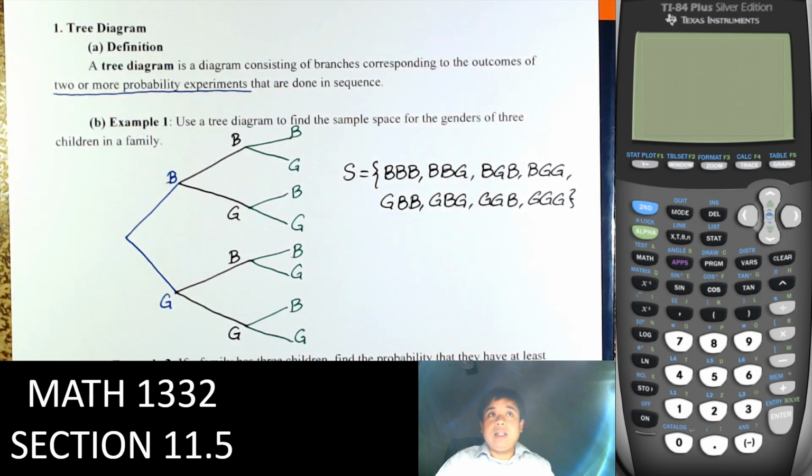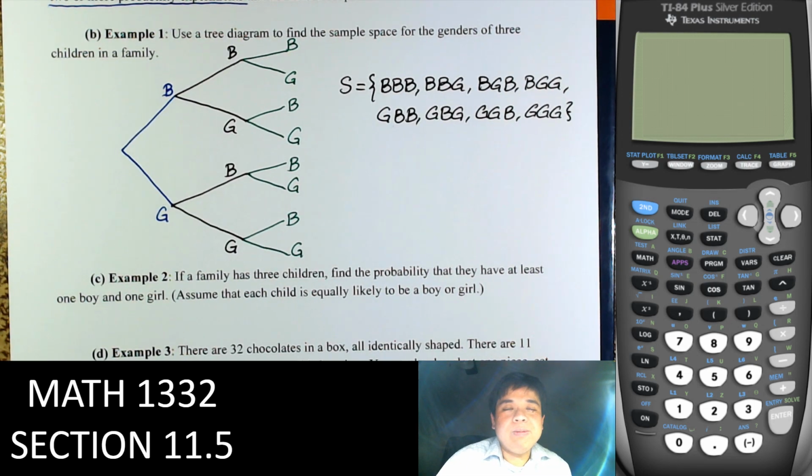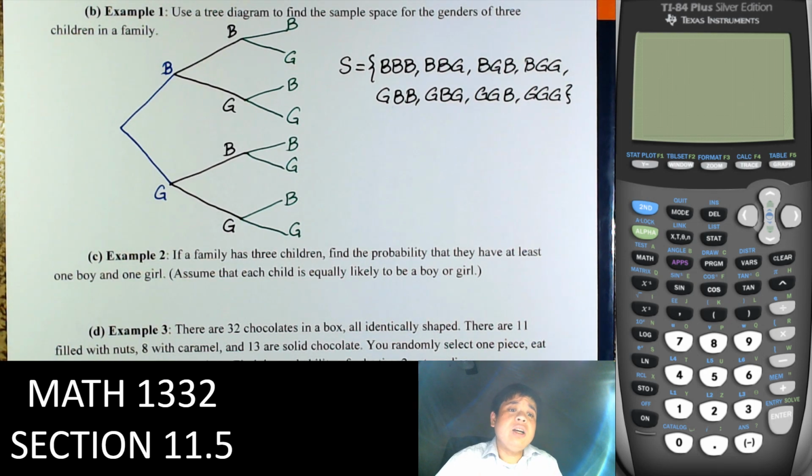That's the sample space. There are 8 possibilities. This is pretty much like the true-false table we did earlier in the semester.